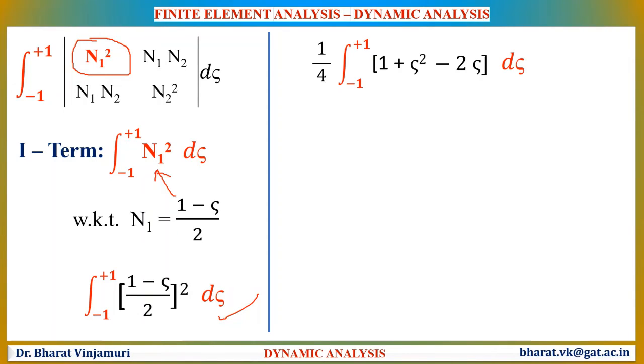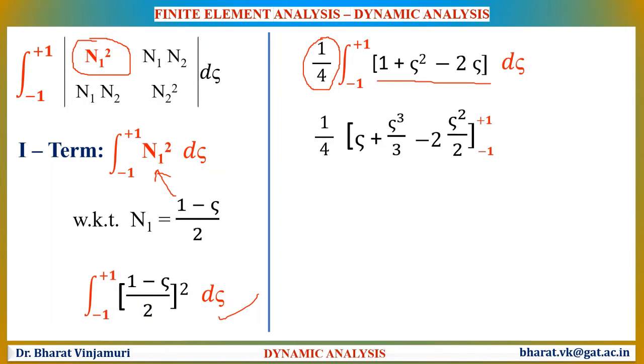The value of (1 by 2) whole square is taken as 1 by 4, and since it is a constant, it is taken out of the integral. On squaring (1 minus zeta) whole square, we get 1 plus zeta square minus 2 zeta. Integrating these values with respect to zeta gives rise to the following equation.